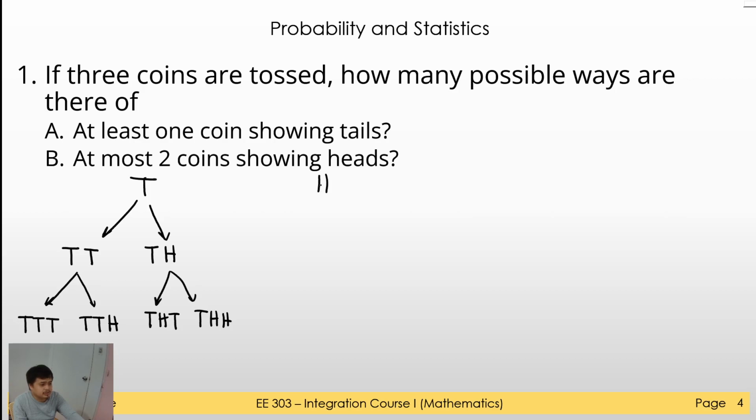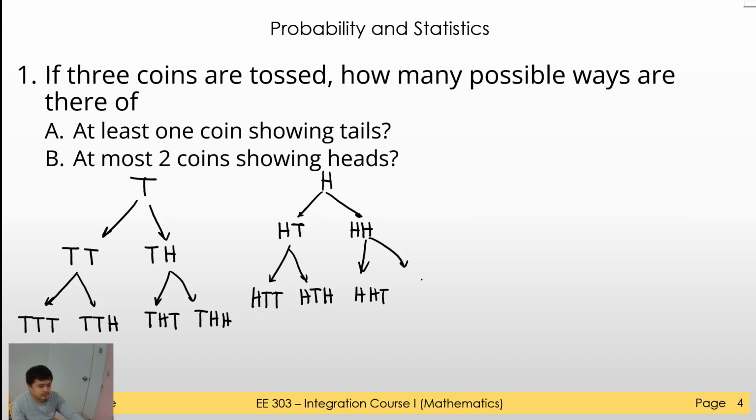For the heads, if the first coin is heads, it could be either head, tails, or head, head. For the third coin, it could be head, tails, tails, or head, tails, heads. And for the last, we have either head, head, tails, or head, heads, heads.